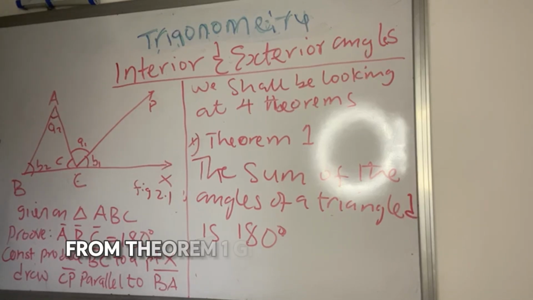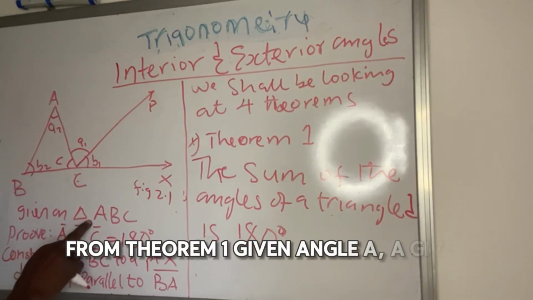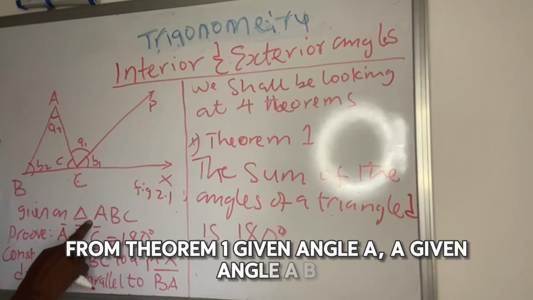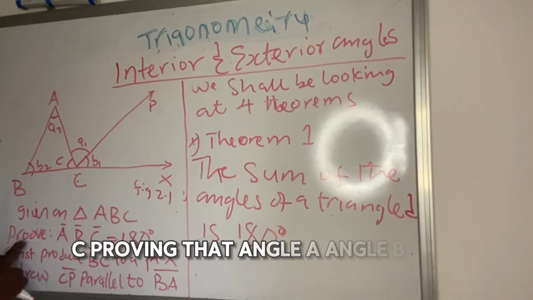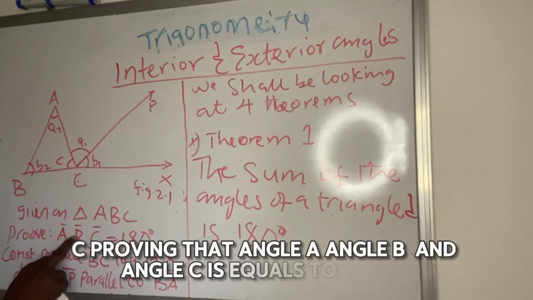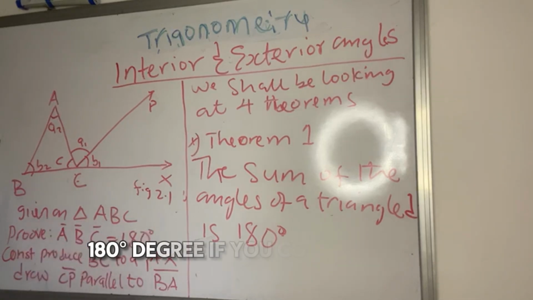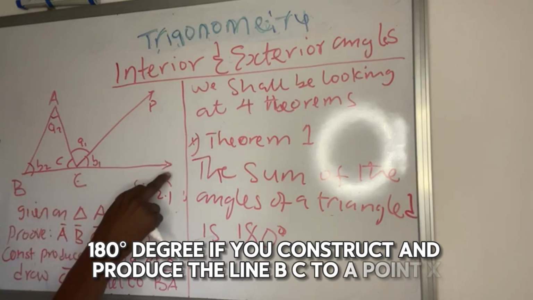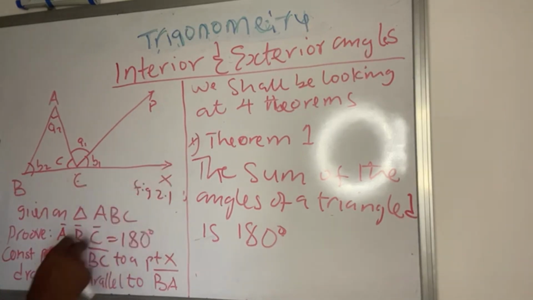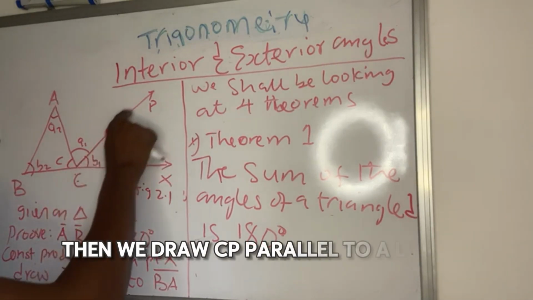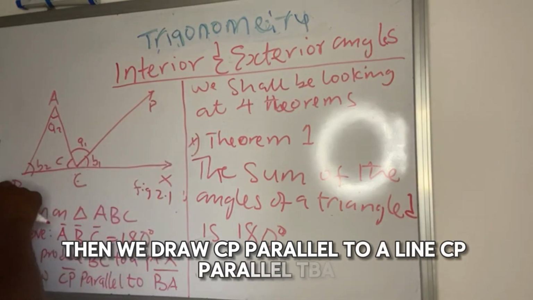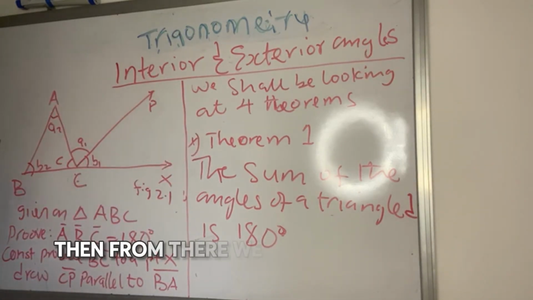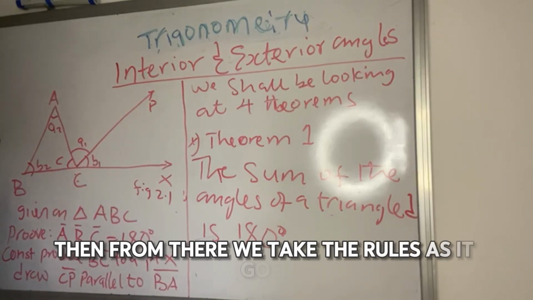On theorem 1, given triangle ABC, we are proving that angle A, angle B, and angle C is equal to what? 180 degrees. If we produce the line BC to a point X, then draw CP parallel to BA, then from there we'll take the rest as it goes.